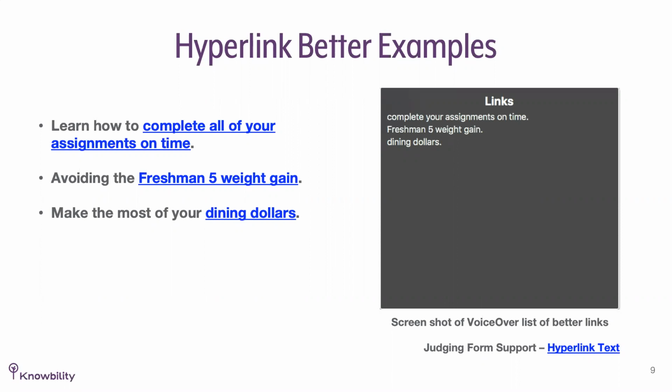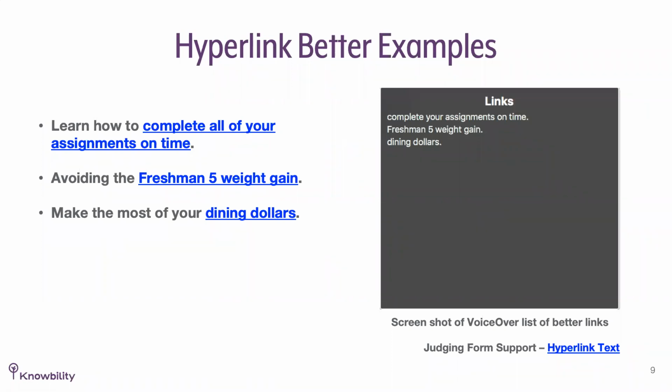So anyway, you want the link text to be descriptive, right? Try to avoid those read more, click here, learn more repetitive links, because now if I pulled up that list of links, you can see that they're much more useful and easy to navigate with. And I should mention that it's not only people who are blind that use screen readers.